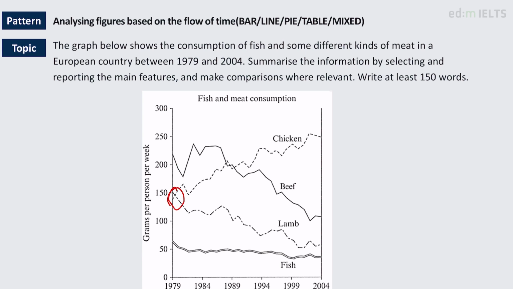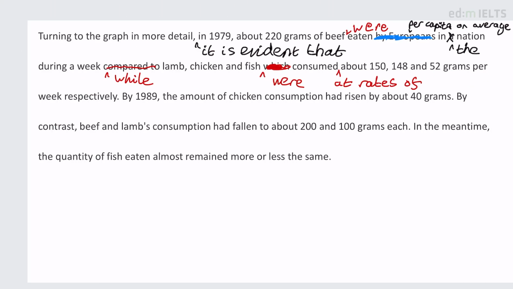Or possibly even approximately 140 grams. 140, 130, 20, 10. Yeah, probably about 140 grams, right? And by 1989, it'd gone up to around there, maybe 190, so increasing by about 50, I would say, rather than 40.